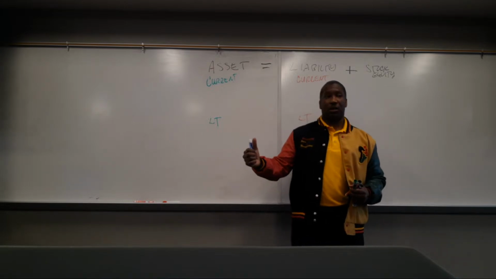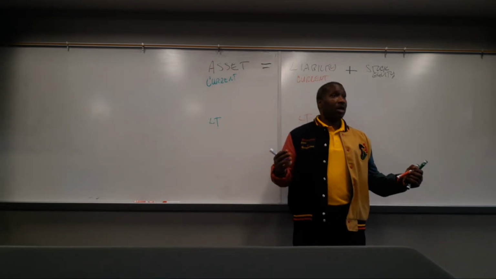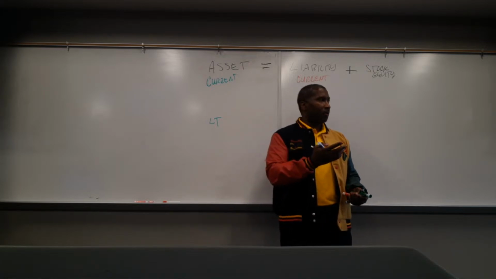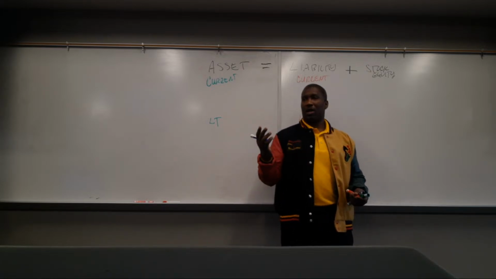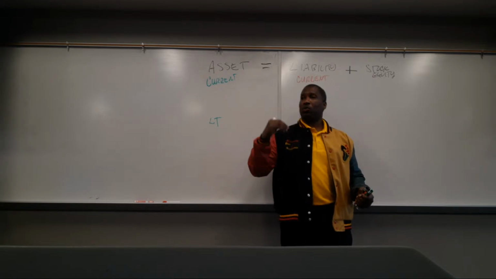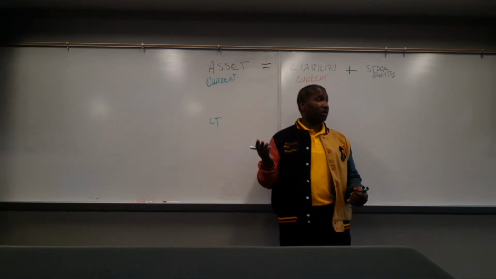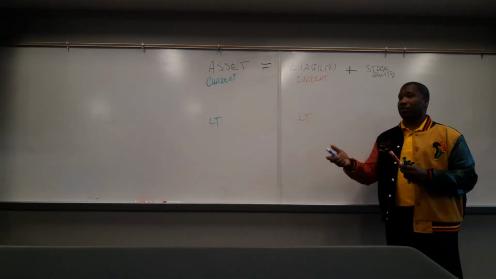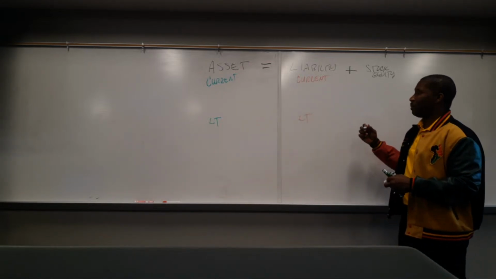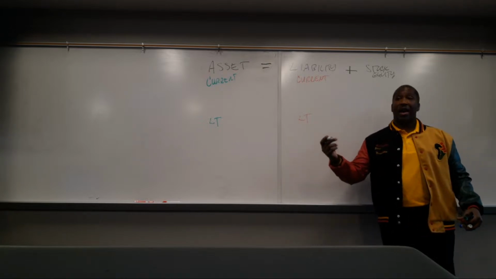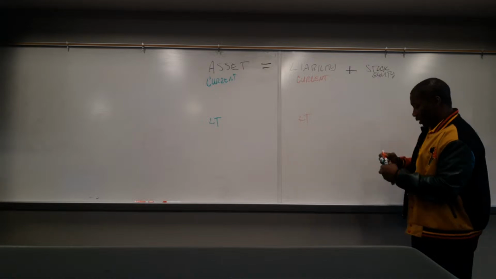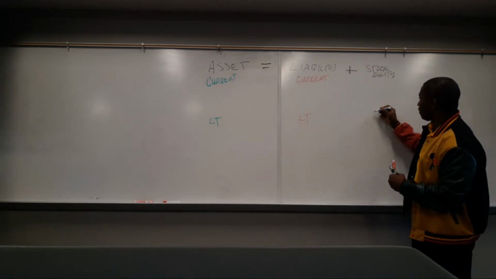Now, we have two different types of equity, but let's remember what equity is first. Equity is purely ownership. That ownership is going to form two different ways. What is the first category? I say first, not in terms of which one must go first, but which one would you like to give me first? Retained earnings, okay? Retained earnings, as we know from last time, is income that we had left over and kept or retained in the business.